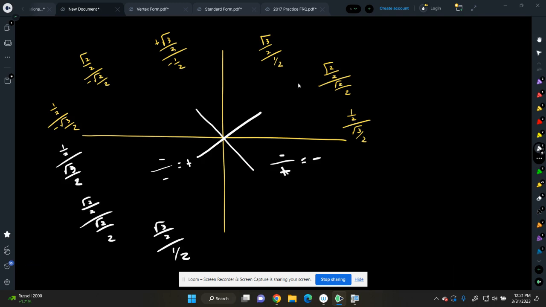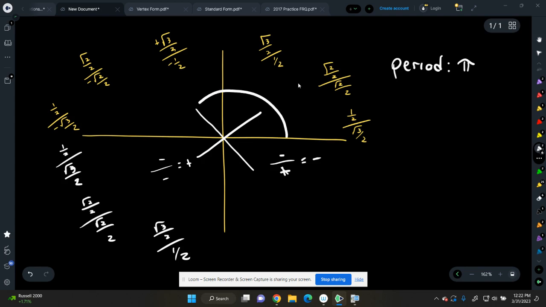Based on that, what is the period of my tangent function? Pi, yeah. The period is pi because after we go pi or 180 degrees, it actually starts to repeat itself. Okay? So the period is pi.